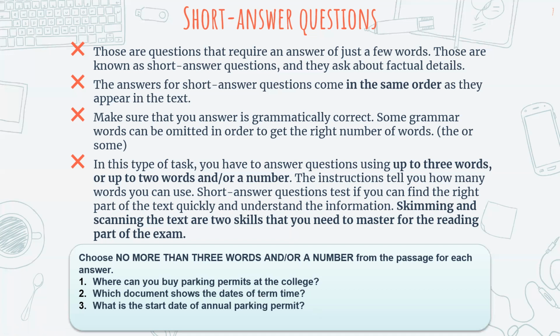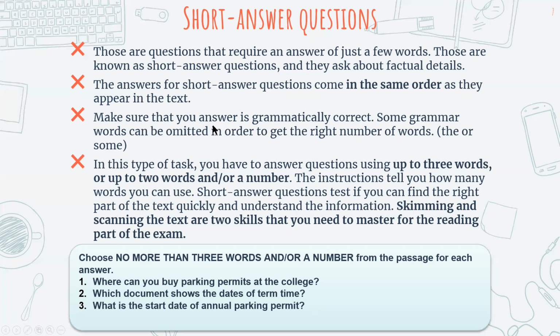Probably, not usually, but probably. And maybe the 3rd question in the following paragraph and so on. So this is what I mean by in the same order as they appear in the text.